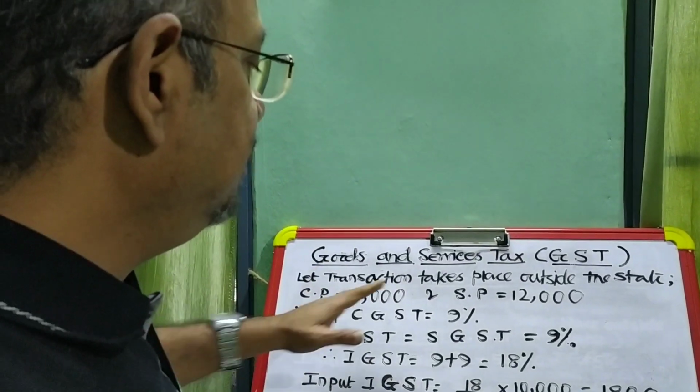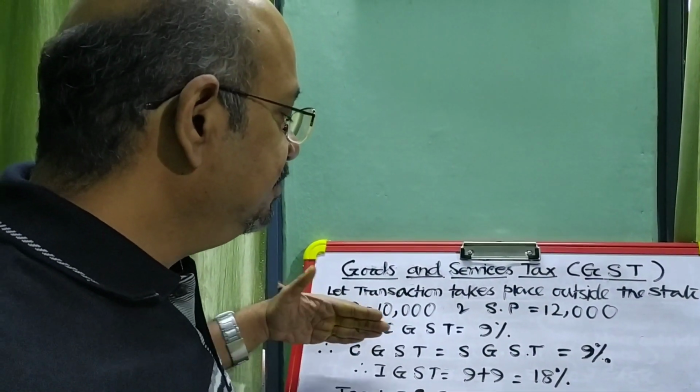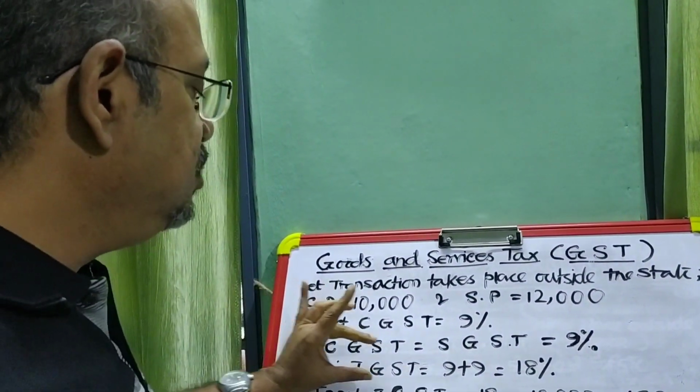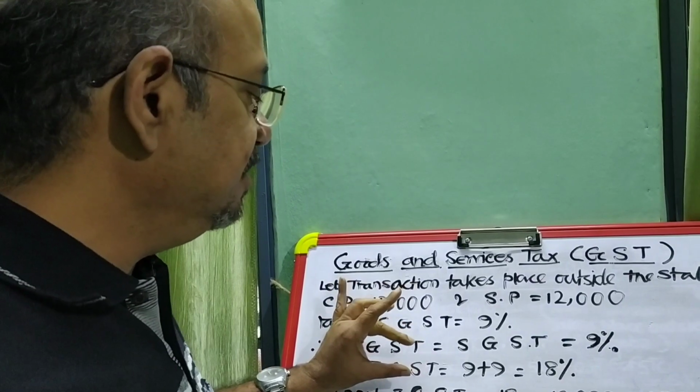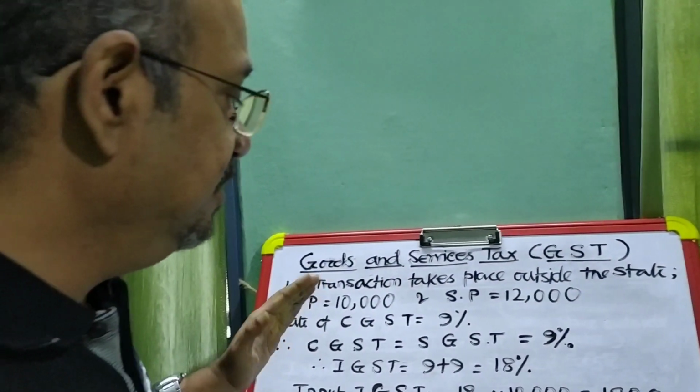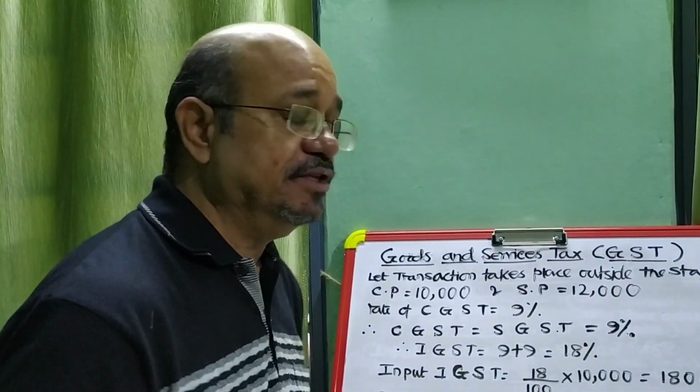As you know, CGST and SGST rates are the same, so CGST and SGST both will be equal to 9%. Then IGST, the interstate GST, is equal to 9 plus 9, which is 18%, the sum of the CGST and SGST rates.